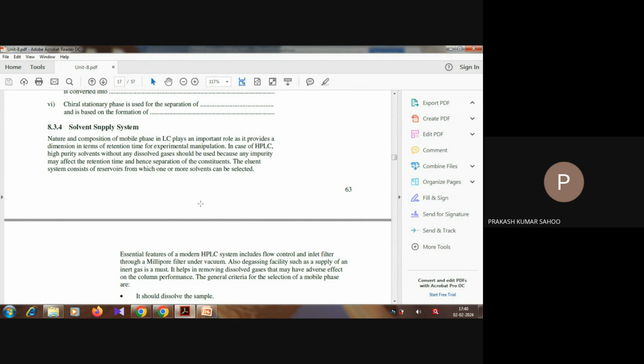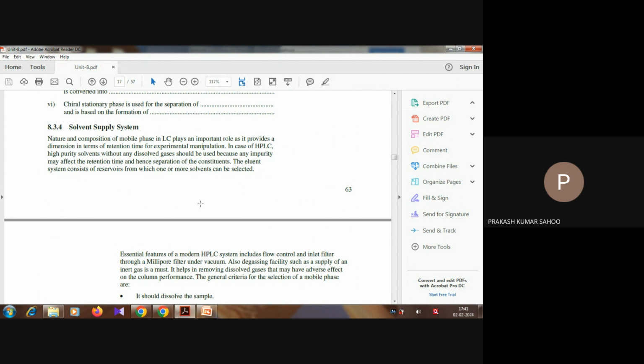So the solvent used as the mobile phase should be chemically inert, and it must not react with the solutes available.